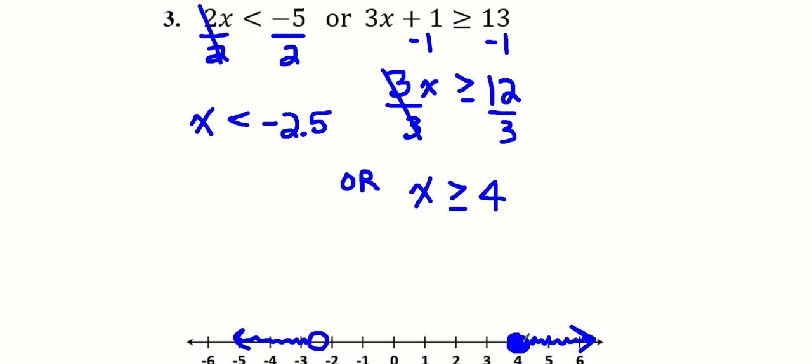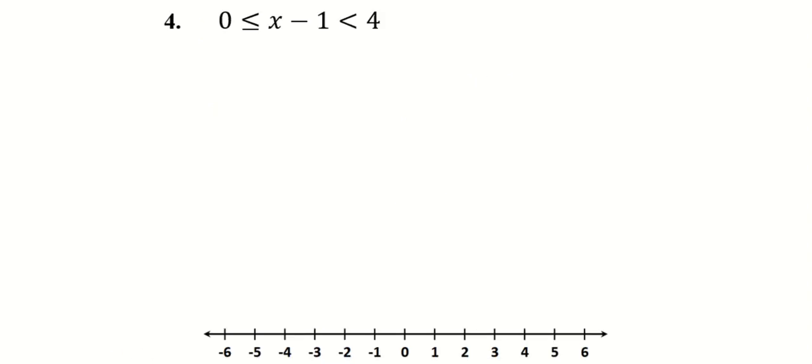So weird. Oh wait, it's not weird, because that's what happens 99+% of the time. When it's an or situation, it's 2 ors in the water. And again, because we're keeping everything. Everything that's less than -2.5. Also, everything that's greater than or equal to 4.